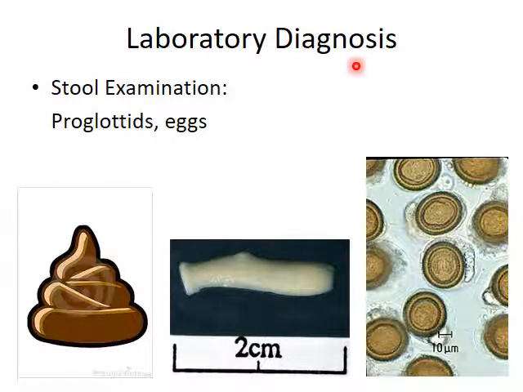Laboratory diagnosis of Taenia. Stool examination is carried out for the demonstration of proglottids and the egg forms in the stool. To increase the detection rate of stool examination, multiple stools are collected and also concentration techniques can be applied.